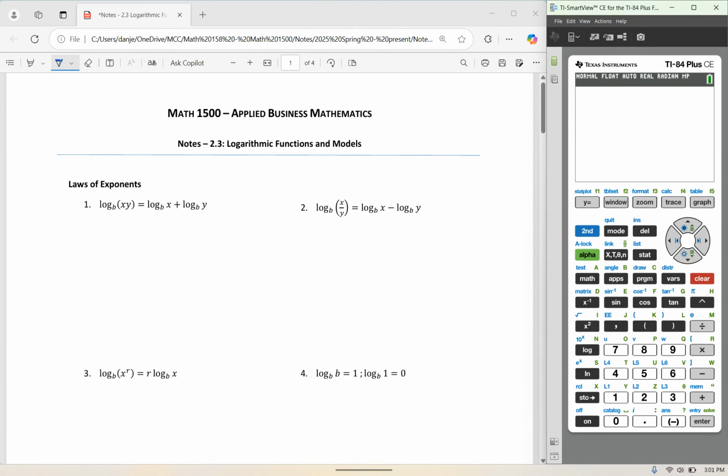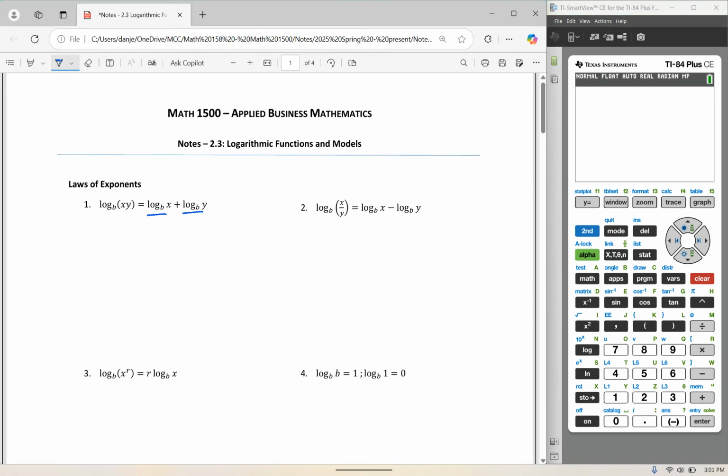So, some rules and properties of logarithms: log base b of xy is log base b of x plus log base b of y. Or if I've got log base 5 of 3x, we can write that as log base 5 of 3 plus log base 5 of x. Okay, I can split things apart.